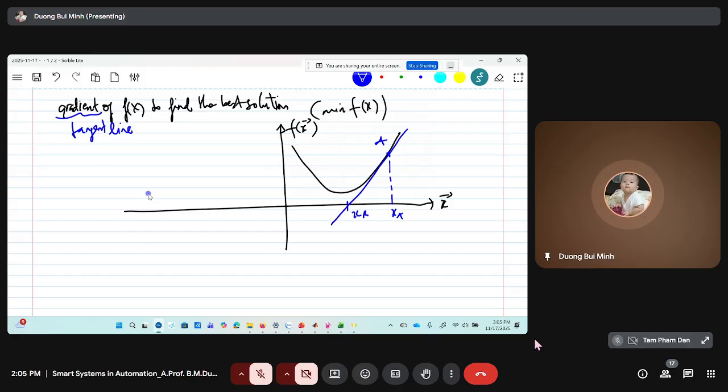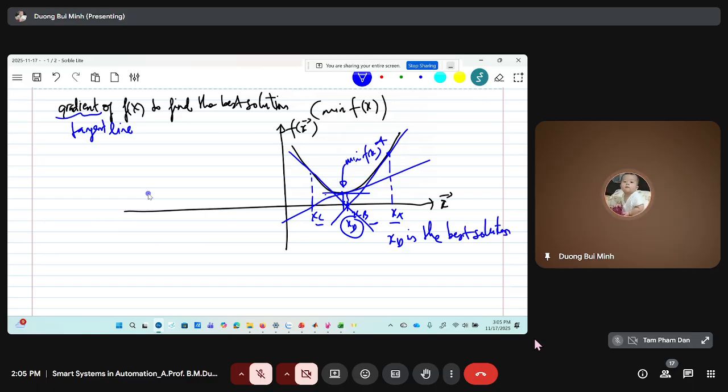You get xb here, then the tangent line like this, then here you get xc. For xc you draw the tangent line and get xd. So this is the minimum of f(x). After four repeats, xa, xb, xc, and xd, xd is the best solution.